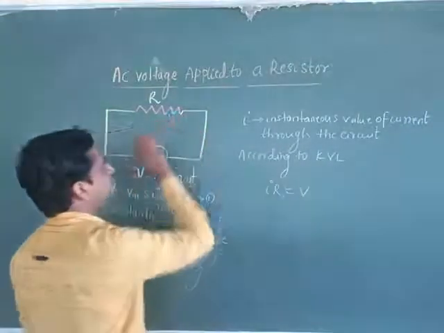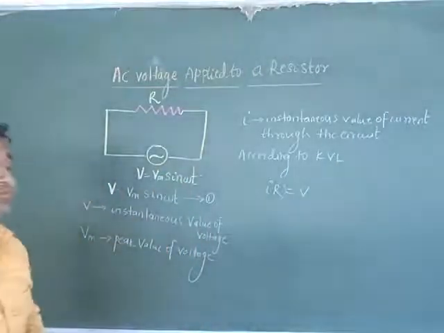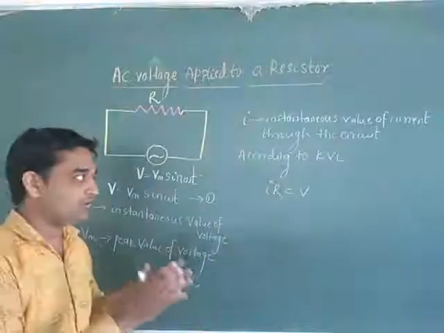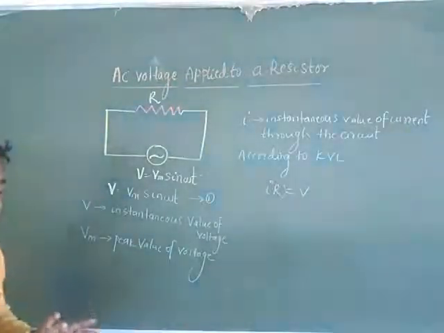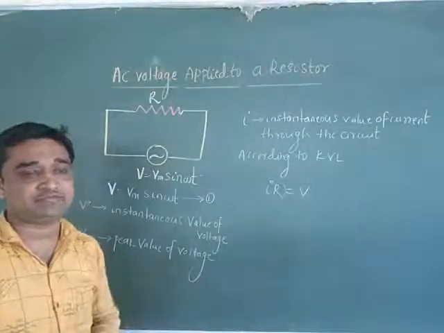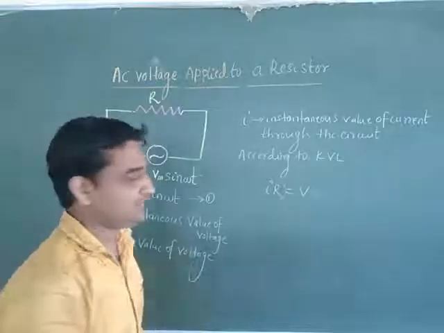One IR product we have here, and the EMF we have applied here is V is equal to Vm sin omega t. Therefore, according to KVL, the algebraic sum of IR products in the various branches of the circuit is equal to the algebraic sum of EMFs, right?